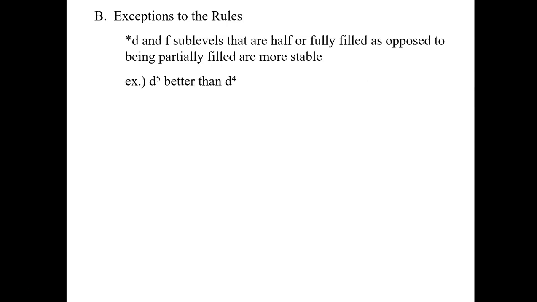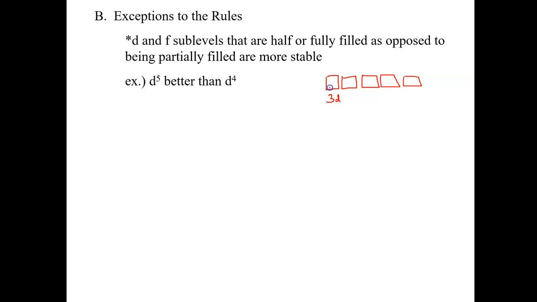So, for instance, I'm going to write this real quick because I want you to be able to see this. Let's say that we were talking about the 3D. Remember, there's 3Ds, 4Ds, 5Ds, 6Ds, 7Ds. It doesn't really matter which D we're talking about. Ds have 5 orbitals. So, a D would have 5 boxes if you were drawing an orbital diagram. How many could you fit in all 5 boxes?